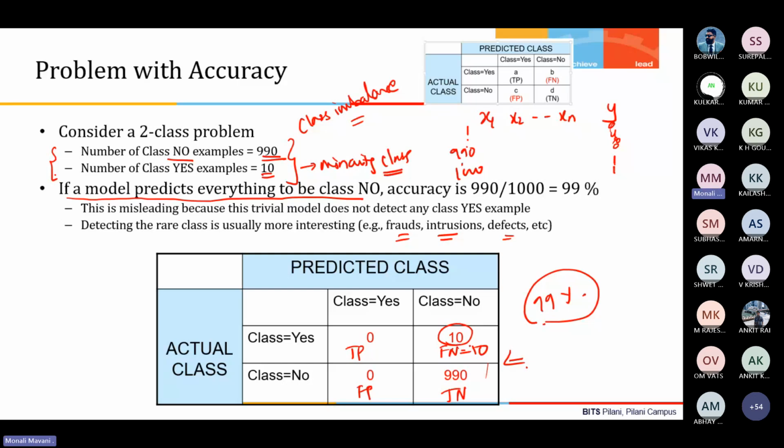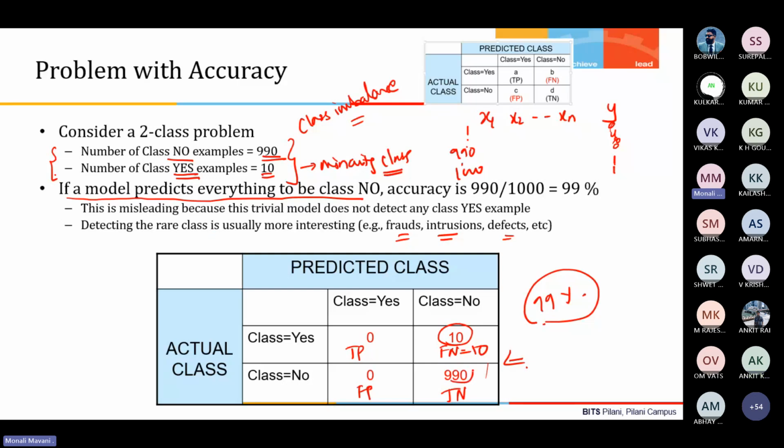So in that case, I'm interested in the minority class, and here my positive class is the minority class. It's a positive class. Fraud is yes, intrusion is yes, defect is yes, or cancer is yes, or COVID is yes. My goal is to detect that, and if that is not correctly identified, I will not be interested in that model.